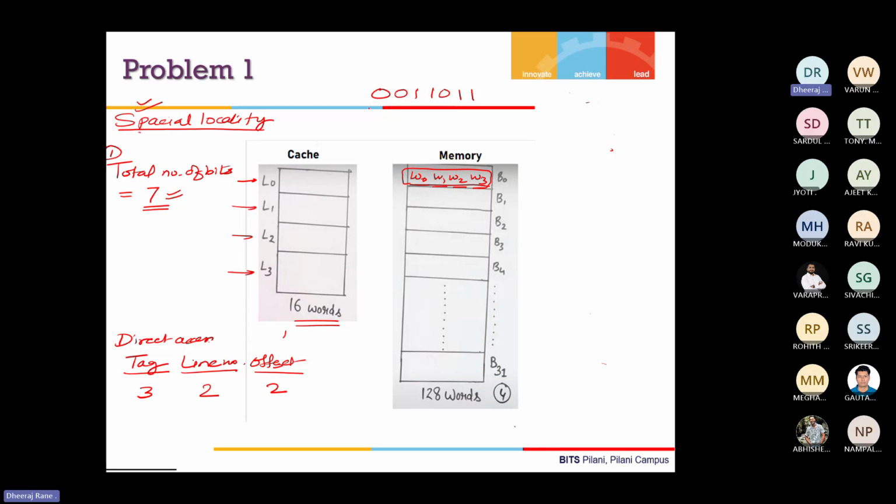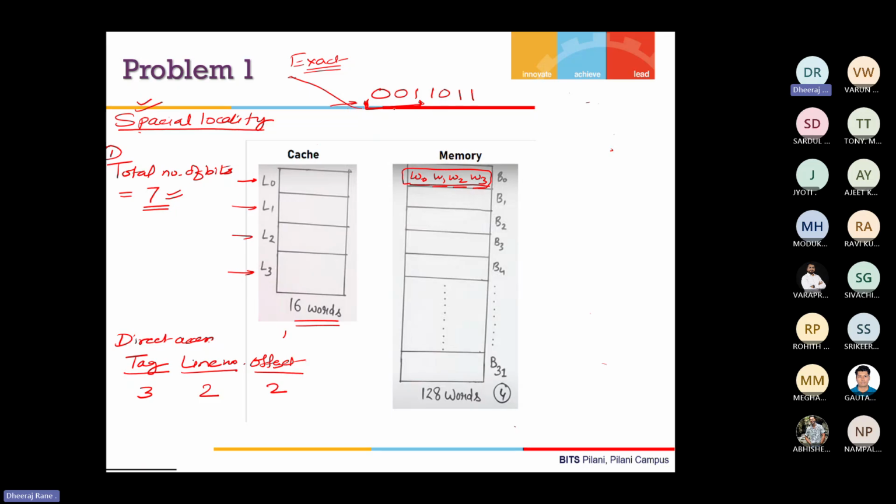So what does it mean? So this is the tag bits that will be checked for having the exact data, or to check whether the memory data we are looking for is there in the cache or not. So we don't have to do much in this. Now tell me in which line number and in which offset this particular reference to the address will be made. Although only Ajit and Ravi are replying, so I'll go with this.